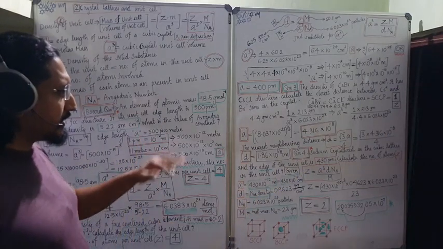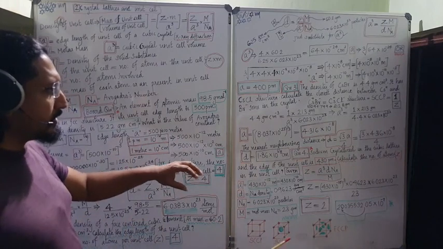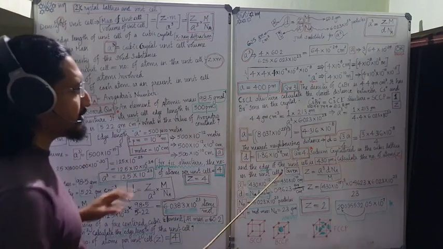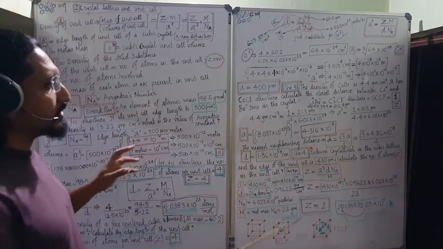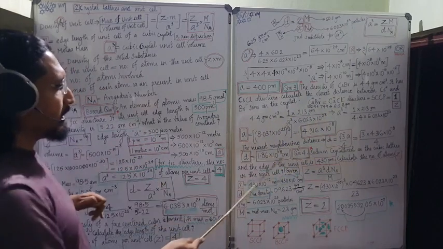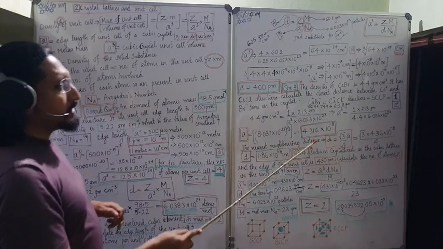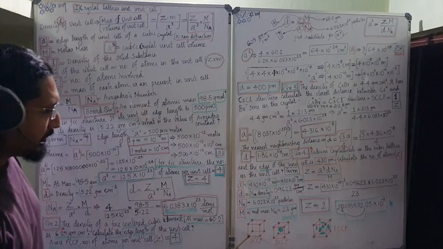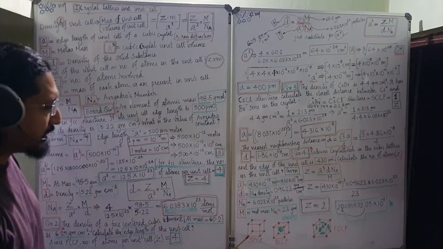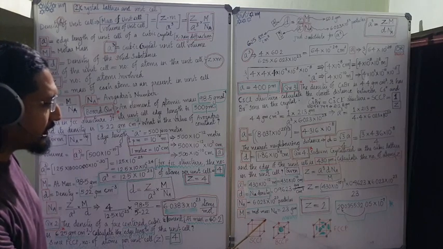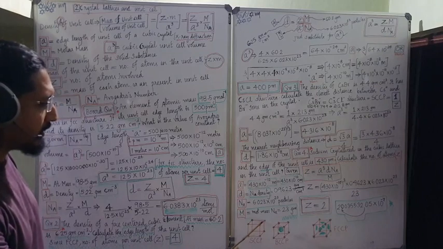I will teach you in a later lecture, but this is a question just to make you understand what it is. When the neighboring distance, the closest distance, is asked, look at this structure: we want to find the distance from the front edge left side to the back side's right side top edge.